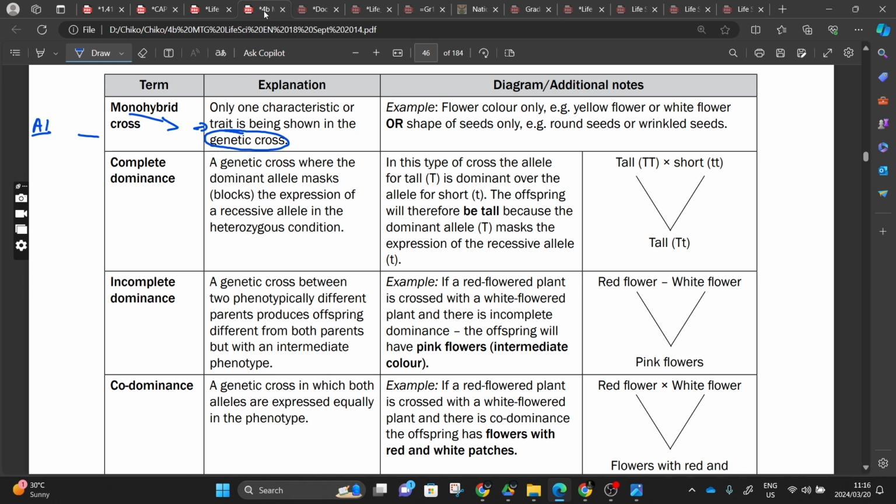These two alleles, we say they are capital letters, and the mother has small letters. By this time you understand these words, as I said, you have to understand them before we can come here, because here we'll be explaining more. Say this allele or gene is coding for the color black.